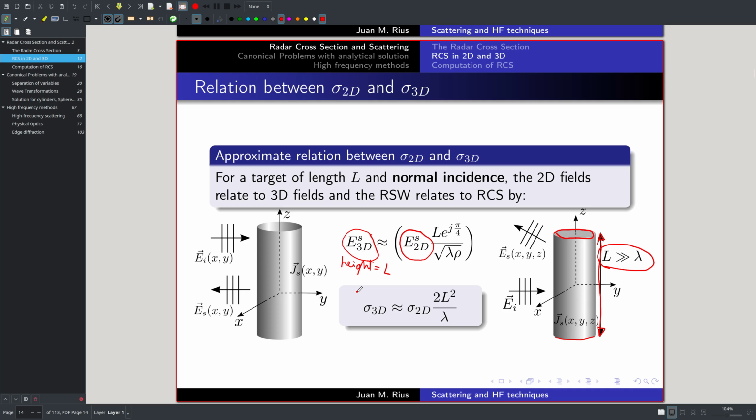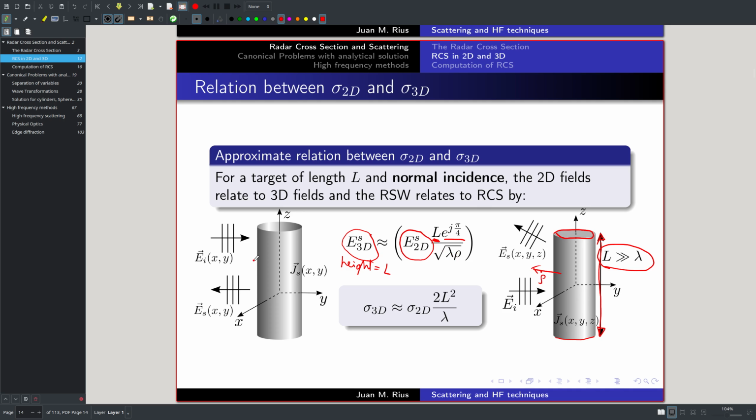The scattered field of the finite three-dimensional cylinder is approximately equal to the scattered field of the two-dimensional infinite cylinder times the length L, plus an additional phase of 45 degrees, over the square root of the wavelength and the scattering distance rho.